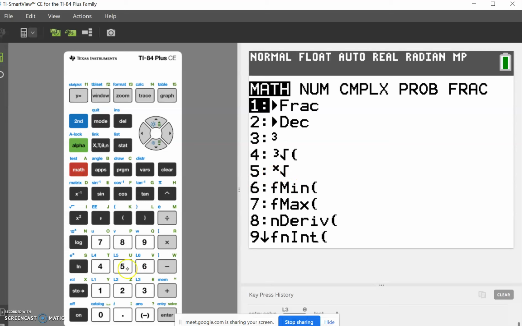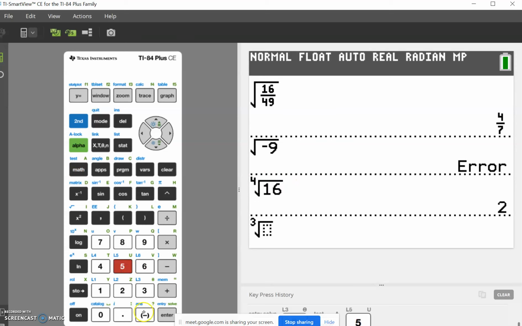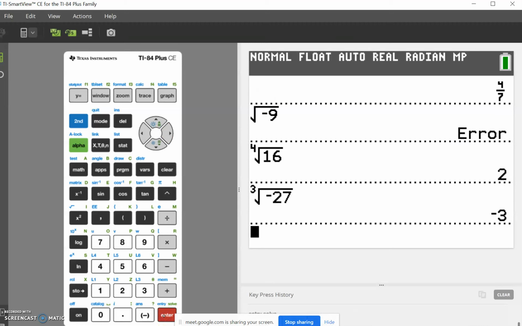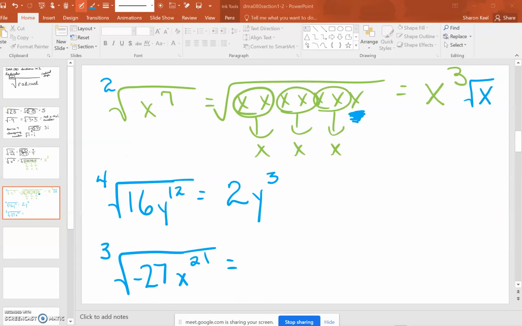I'm going to choose number 5, the cube root of negative 27. Now, remember, we could not have a negative when we had a square root, but we can have a negative with a cube root. In this case, it leaves us with a negative 3. And then with the x, 21 divided by 3, it goes evenly 7 times.